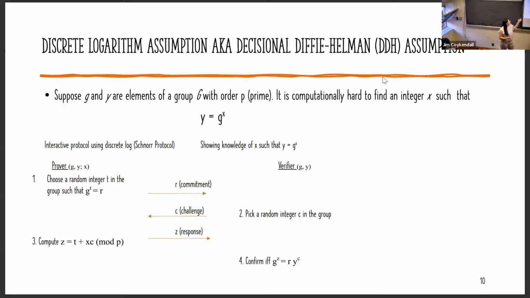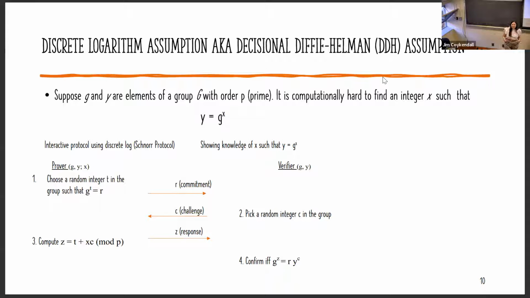We choose a random integer T in the group such that g to the T is R. R is our commitment, so we send R to the verifier. The verifier gets R and says, I don't believe you, so they send over a challenge C. Then, using the information from the challenge and the T chosen in the commitment, the prover computes this Z value and sends it to the verifier.